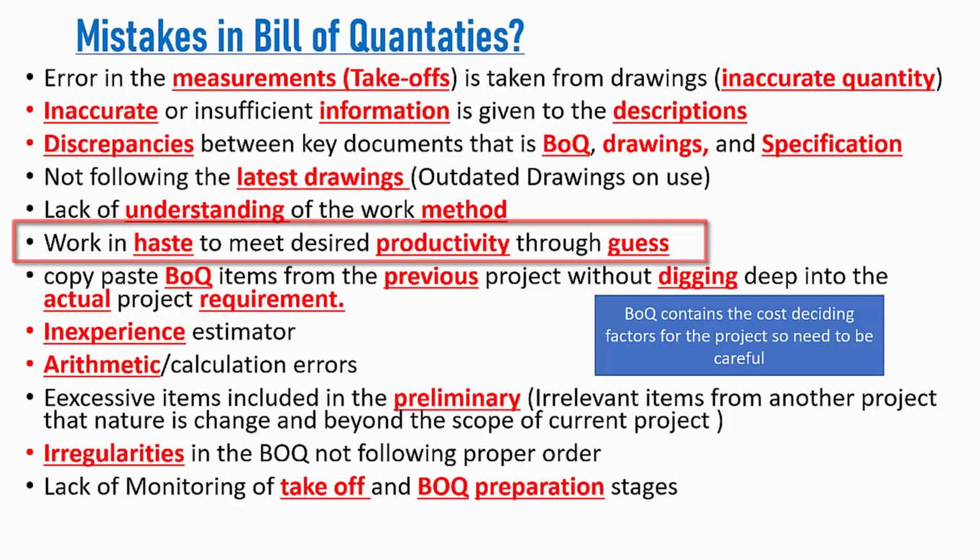Sometimes they want to show themselves to their seniors, and they are in haste, so they miss simple yet important information to get the productivity better. This kind of guesswork is also leading to mistakes in the bill of quantities.